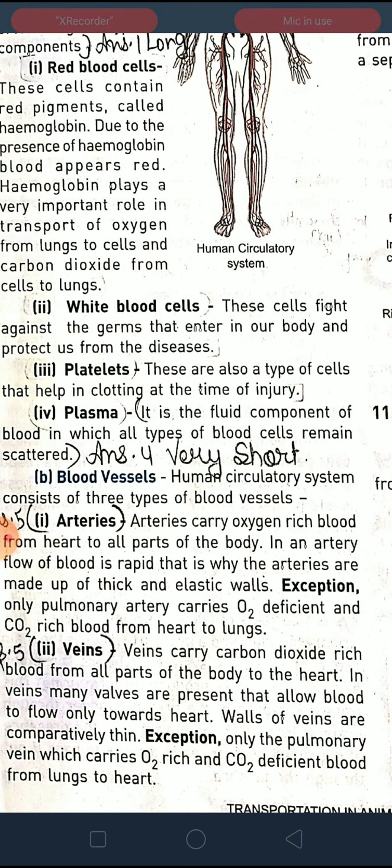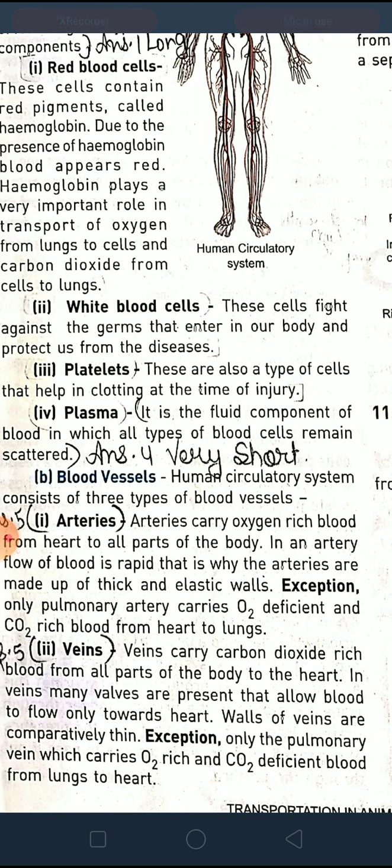Then second is veins. Veins carry carbon dioxide rich blood from all parts of the body to the heart. Means here impure blood goes to the heart for purification. Understood the meaning of arteries and veins?